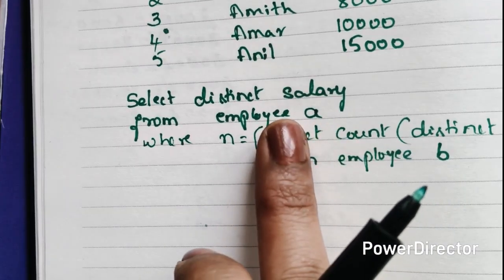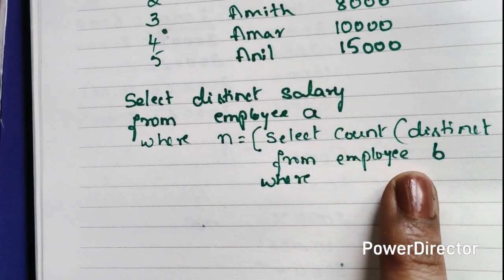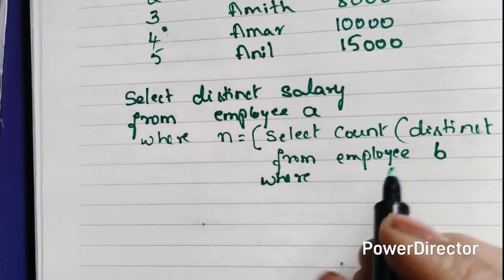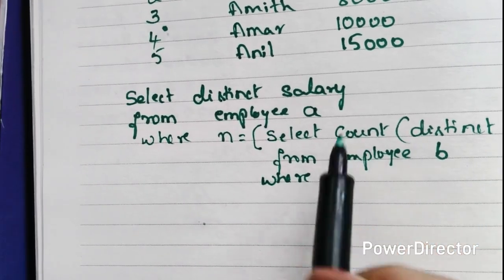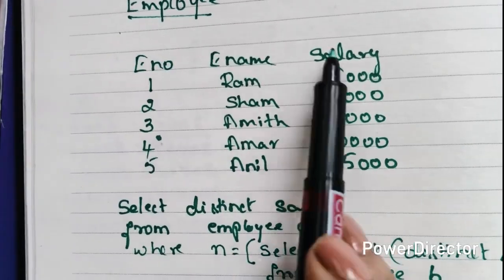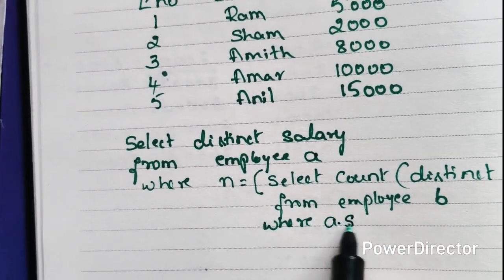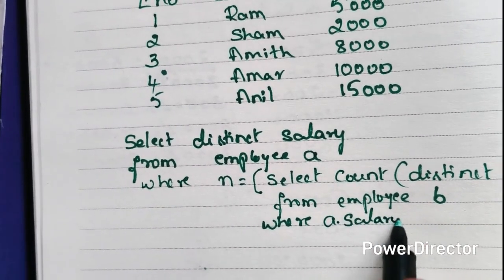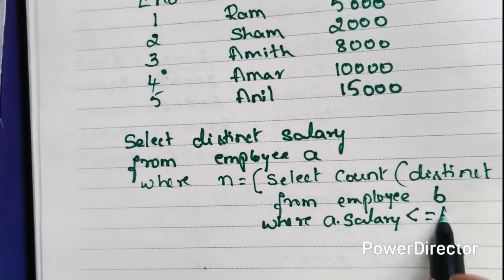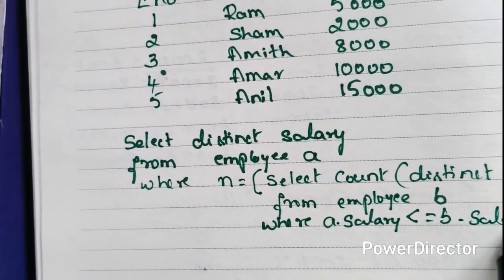That is why I have written the outer query as A and the inner query table name as B. This makes it easy to refer to the attributes of this particular table, where A dot salary is less than or equal to B dot salary.